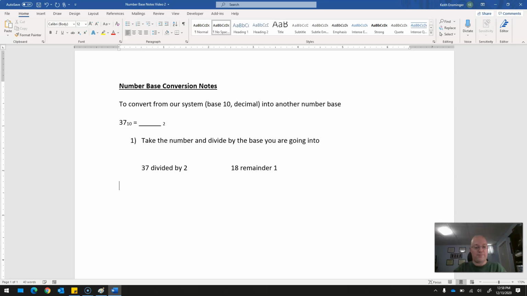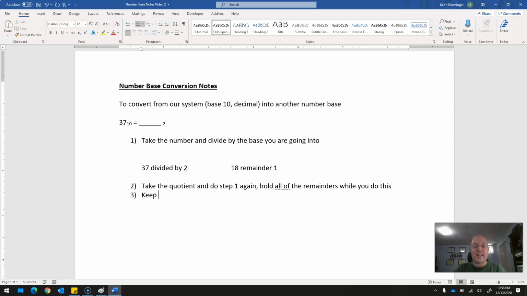So what we do is we take the quotient and do step 1 again. Hold all of the remainders while you do this. So again, I'm going to show you here in a moment. We'll do 18 divided by 2. Hold on to the remainders.